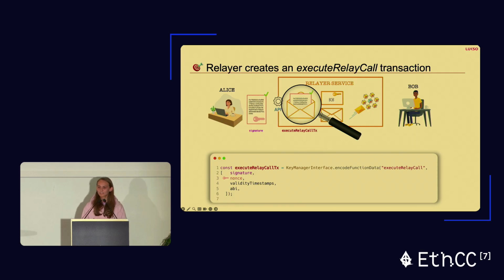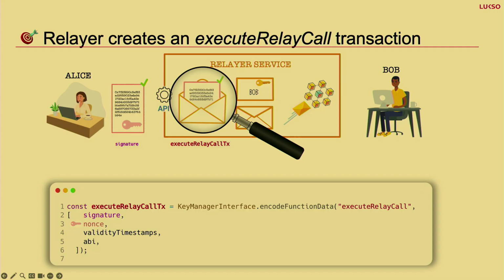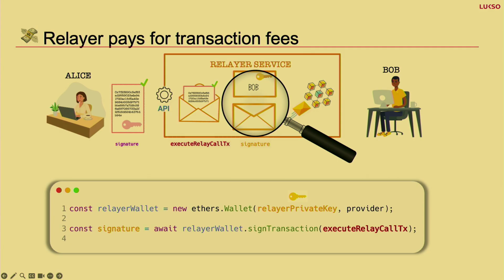In order to create an execute relay call transaction, the relayer service is going to use the encode function data execute relay call, passing as parameters the signature, the nonce, the validity timestamps, and the ABI that Alice provided through the API endpoint. Then the relayer is going to pay for the transaction fee.